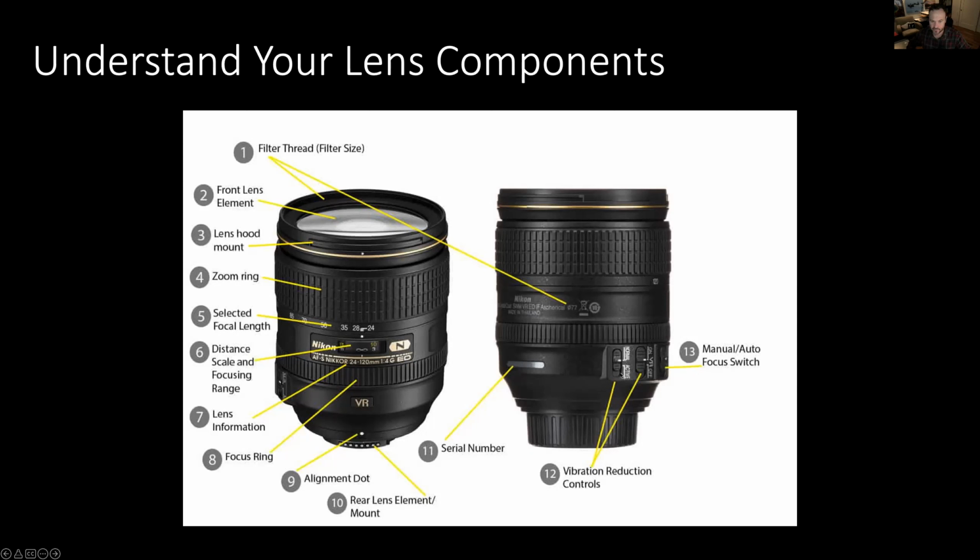These are your vibration reduction controls. So active, if you're doing something like sports or things that are moving, or you're in a vehicle, on safari, you're going to want to be in active mode. You're going to want to have your vibration reduction on as well. There are different schools of thought, and I've read it both ways, that say turn off your vibration reduction when you're on a tripod.